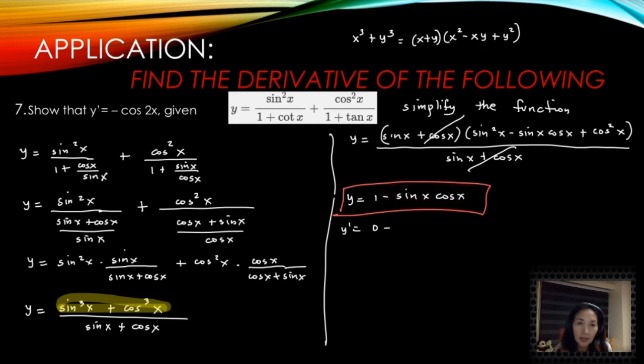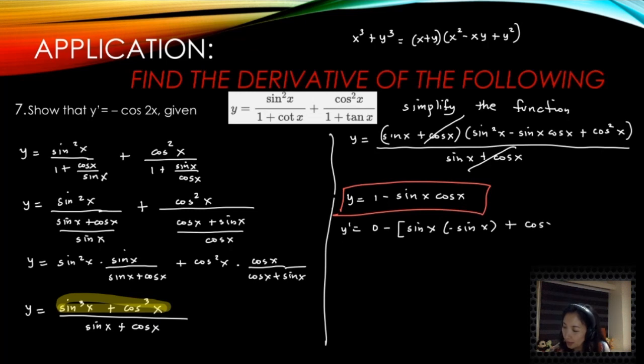U is sine x, and the derivative of cosine x is negative sine x, so U dV plus V dU.